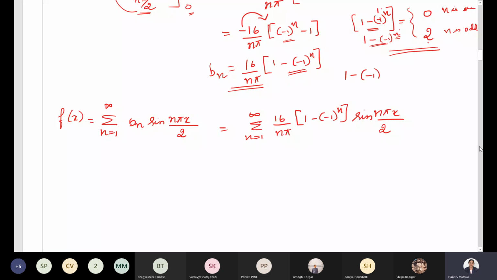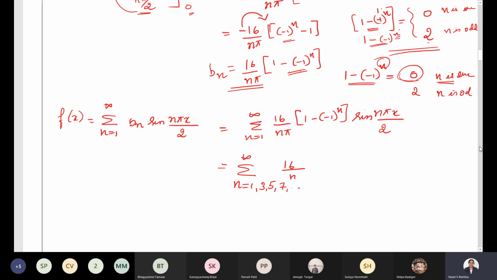Next step, we substitute this result over here. The value of 1 minus minus 1 power n is equal to 0 when n is even and equal to 2 when n is odd. So you can neglect the even terms and write the summation in terms of only odd terms 1, 3, 5, 7, etc. up to infinity. 16 by n pi into 1 minus of minus 1 power n.